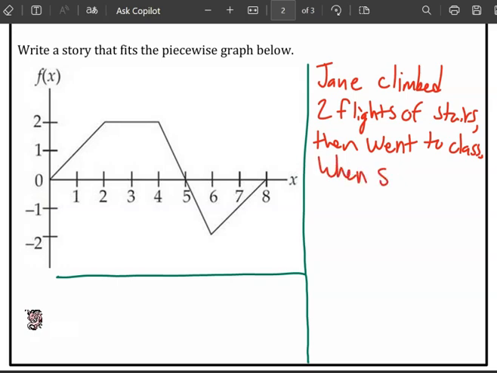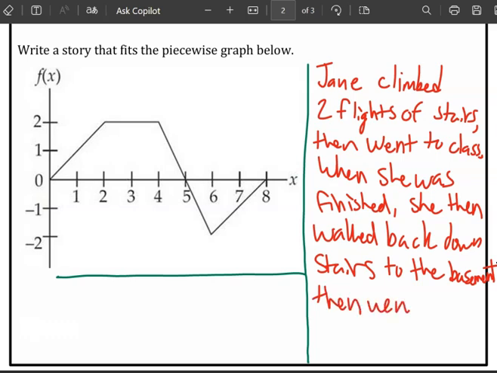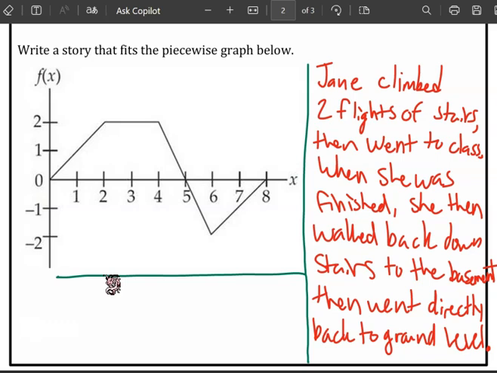When she was finished, she then walked back downstairs to the basement, then went directly back up to the ground level. Now pause the video and write a similar story right here.